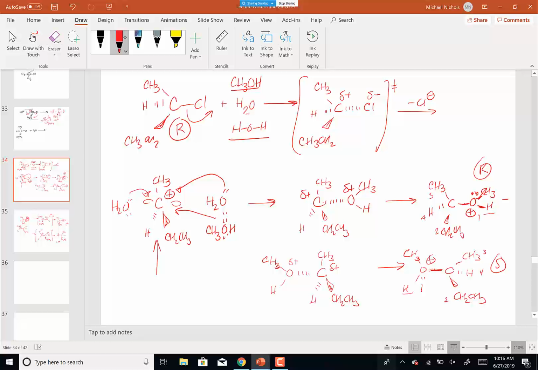Think about what the step is. The first step is to break the carbon halogen bond to form the carbocation. The second step is to have the nucleophile come in and attack that carbocation and form the product. If it's a -1 charged nucleophile, the negative and the positive will cancel each other out and will form the final product.